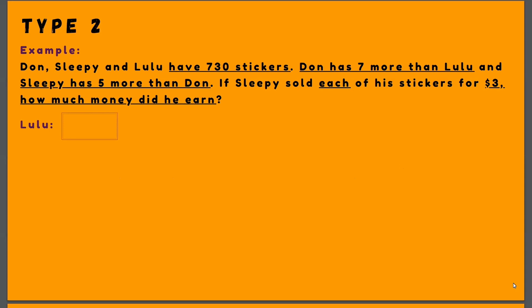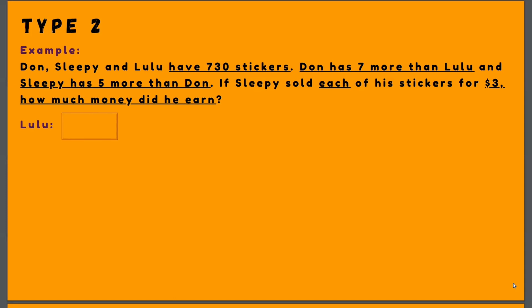So both Don and Sleepy have more than somebody else. Therefore, Lulu is the only one who doesn't have more than someone else. So we start with Lulu. We give her an empty box because we don't yet know how many stickers she has. So we are starting off with Lulu because she has the smallest share.